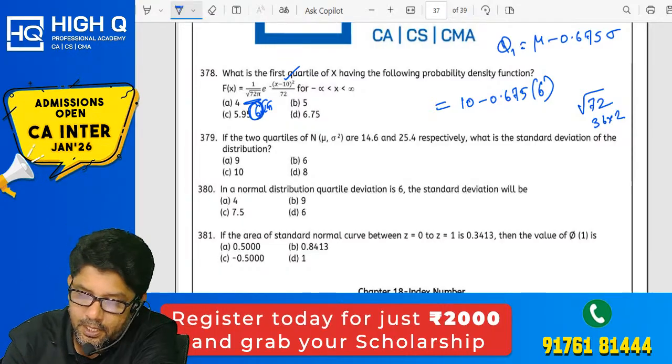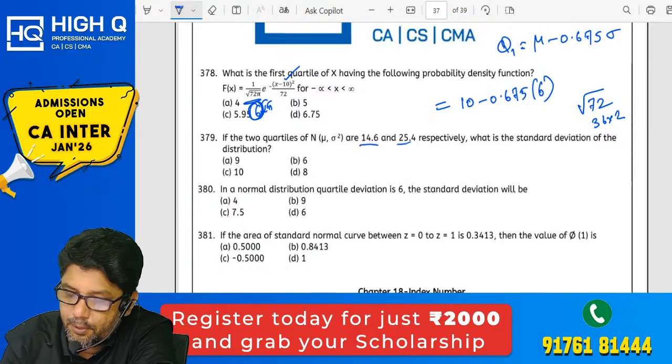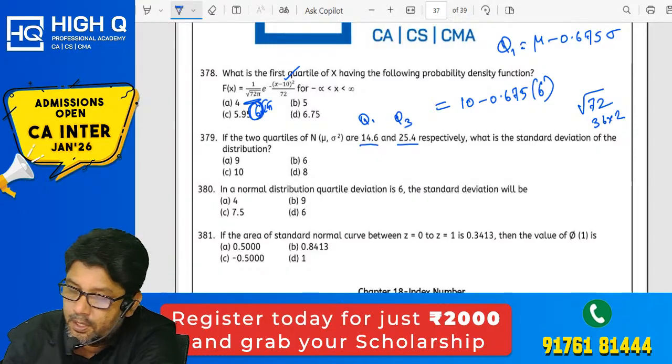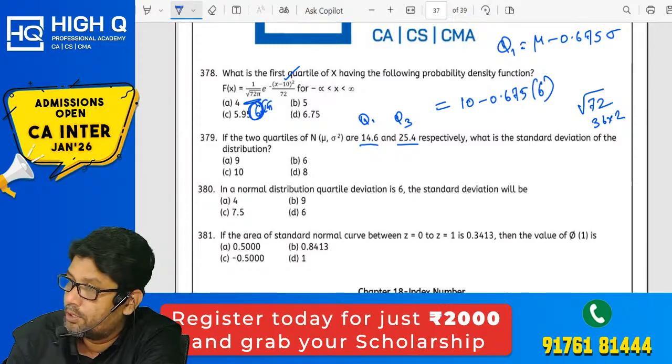Next, if the two quartiles are 14.6 and 25.4, this is Q1, this is Q3. What is the standard deviation of the distribution?